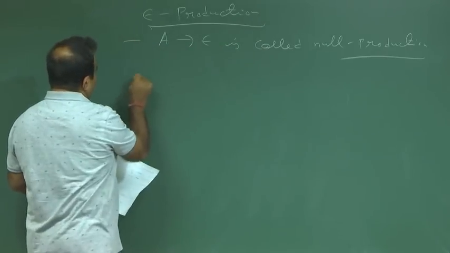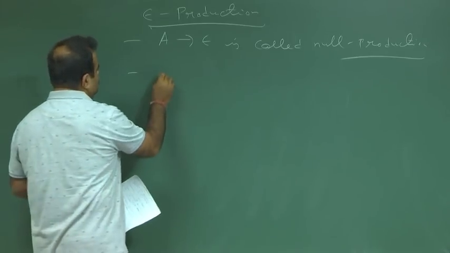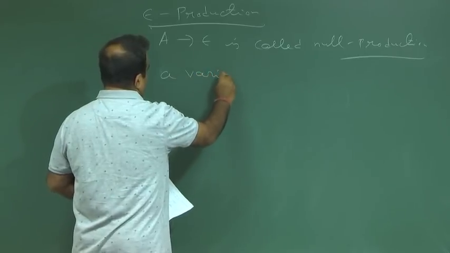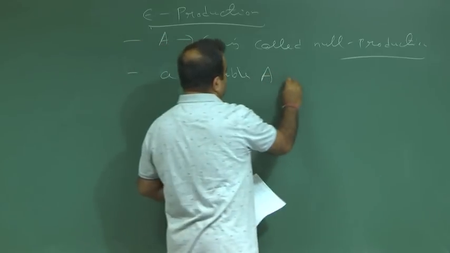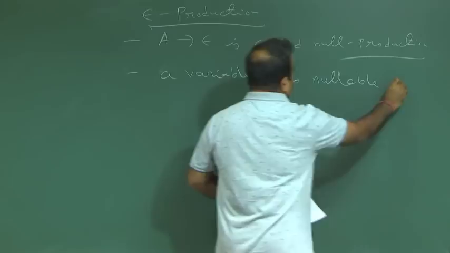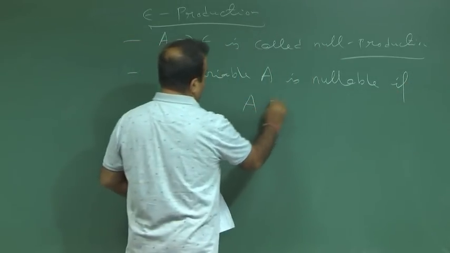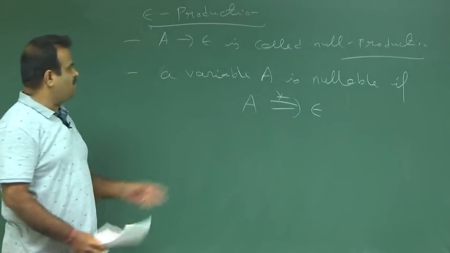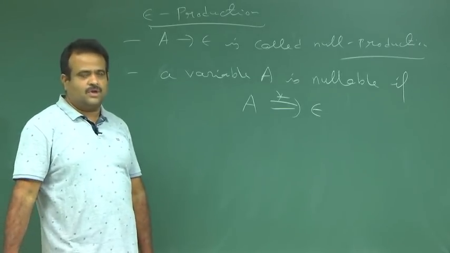And a variable A is nullable if epsilon can be derived from A by applying a few or more productions.